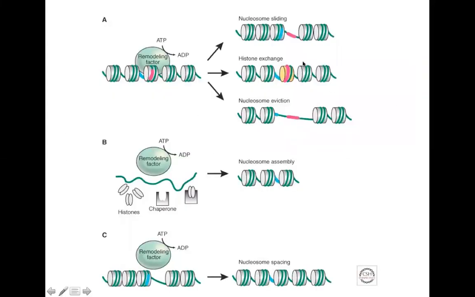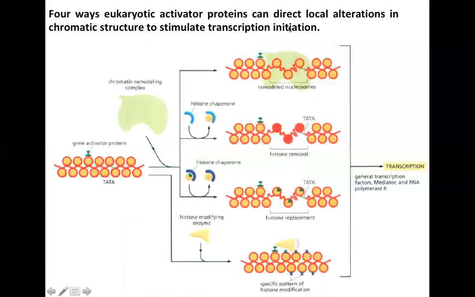For example, this is the TATA box where the RNA polymerase needs to bind. Sometimes there's a nucleosome-free region already available so that the gene regulatory protein can bind to it. The region closer to the TATA box, or closer to the gene that needs to be transcribed, is sometimes free of nucleosomes.